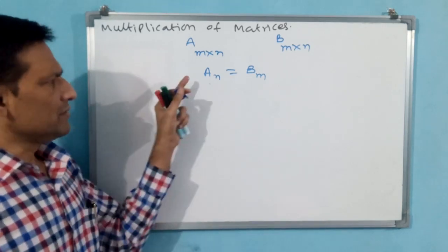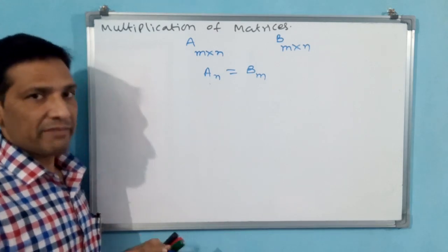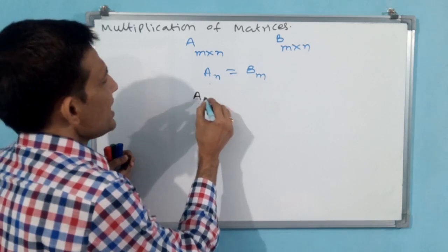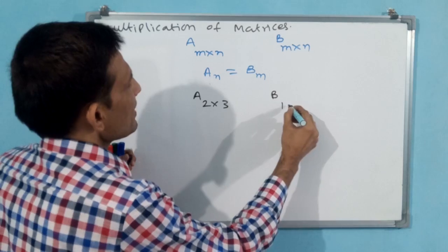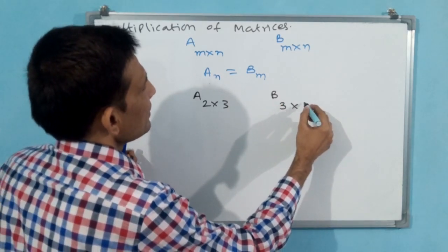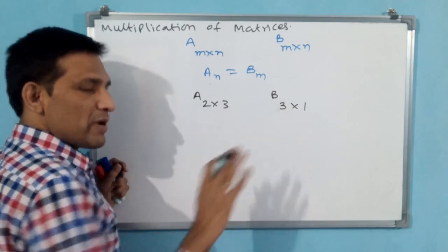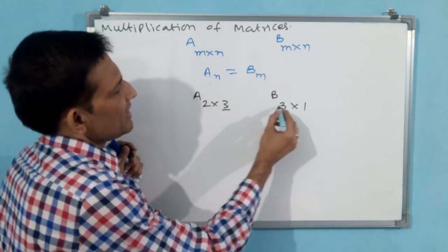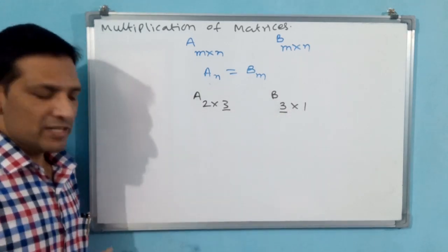For understanding purpose I am writing here, but theoretically we will write differently. Practically, if A is a 2 by 3 matrix, then B should be 3 by 1. The 2 by 3 need not match, but this column count 3 and this row count 3 should match, then only it is possible.